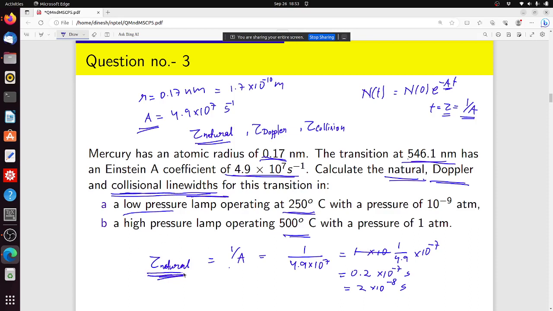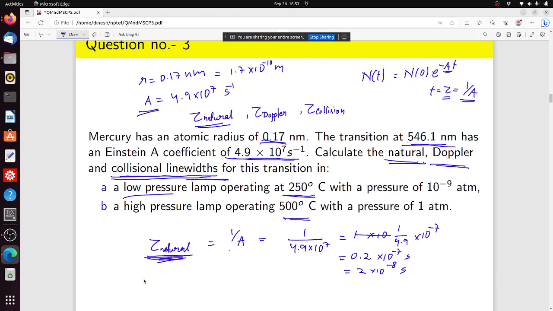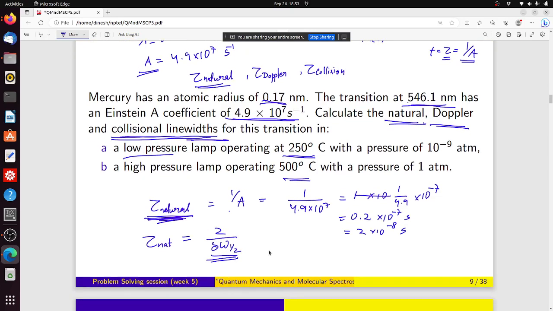Okay, so this is the lifetime. So line width and tau natural, this lifetime and line width, have a relation like tau equals 2 over delta omega half. Okay, so we need to calculate the line width. So this delta omega half will be 2 over tau natural, right?